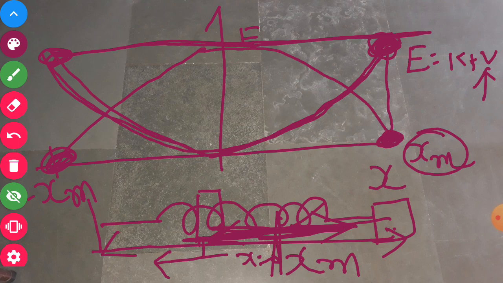Or we can say at the extreme position the total energy is in the form of potential energy, and at the mean position, x equal to 0, the total energy is in the form of kinetic energy. But the total energy throughout this process remains constant, that is, the mechanical energy remains constant. So try to understand this 2-3 times, watch and write it in your notebook. Okay, thank you.